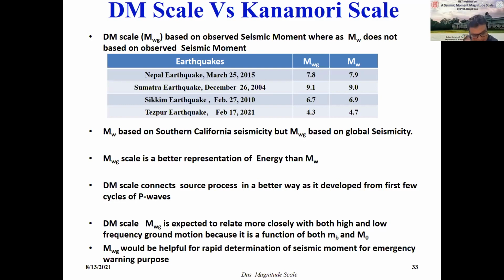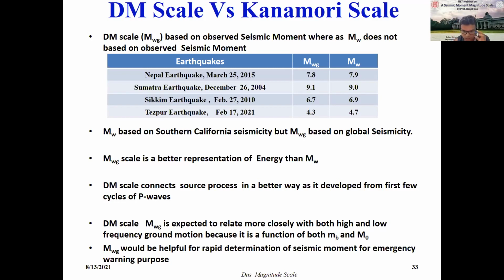This developed scale may better connect to the source process, because it is developed from the first few cycles of P waves, that is the body wave magnitude, so it represents the source in a better way compared to MW. This scale, MWG, is expected to relate more closely with both high and low frequency ground motion, because it is a function of both MB and M0.